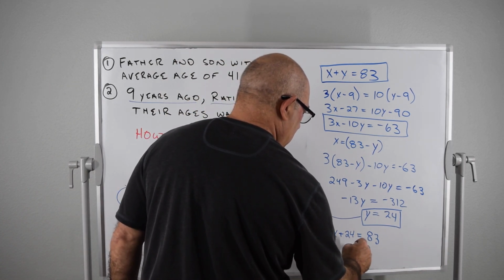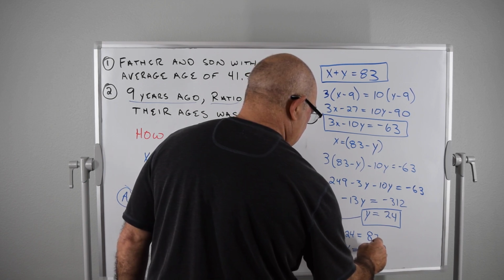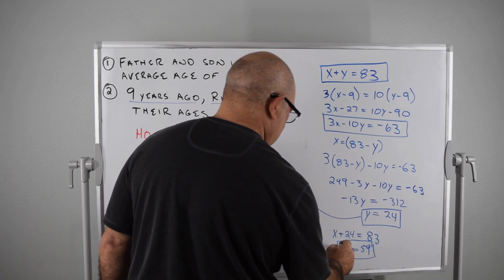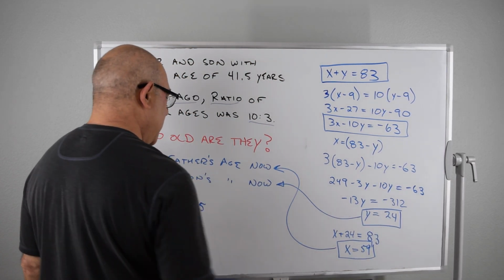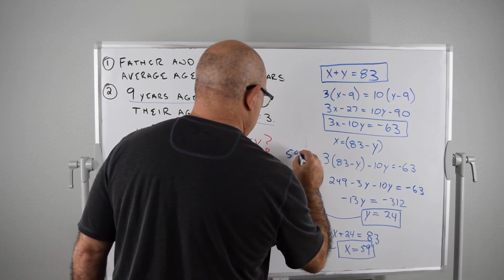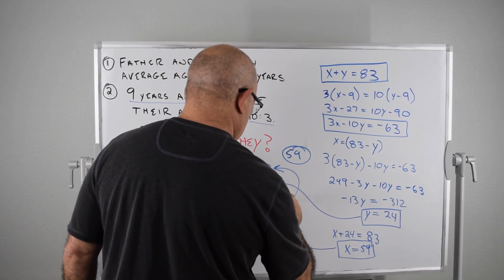So x equals 59, and that's the father's age. So the father's age is 59, and the son's age is 24.